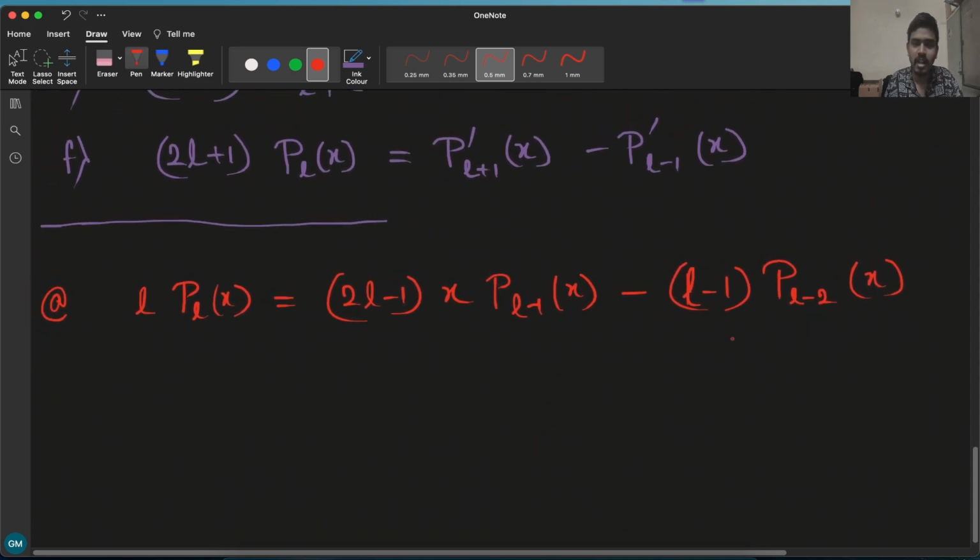So it basically connects the (l minus 2)th and (l minus 1)th Legendre polynomials with the lth Legendre polynomial. If one knows the (l minus 1)th and (l minus 2)th Legendre polynomials, then how can he or she get the lth Legendre polynomial?